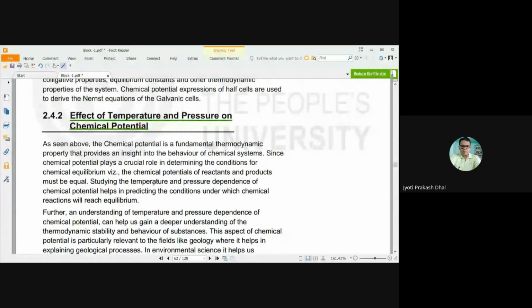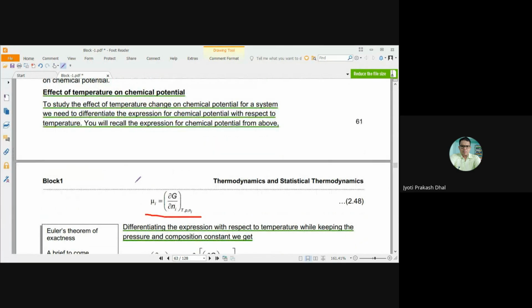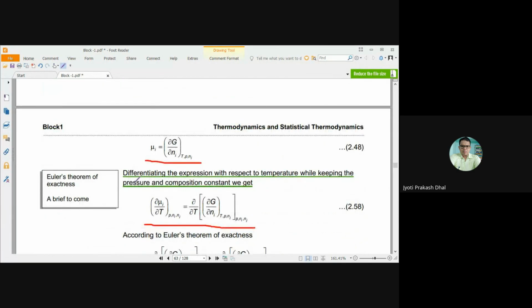Now coming to the effect of temperature and pressure on chemical potential. First we will discuss the effect of temperature on chemical potential. The chemical potential of the ith component is mu I, which equals del G by del Ni at constant temperature, pressure, and constant number of moles of the remaining components, that is Nj.